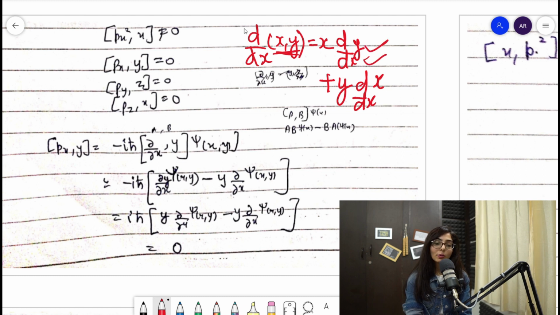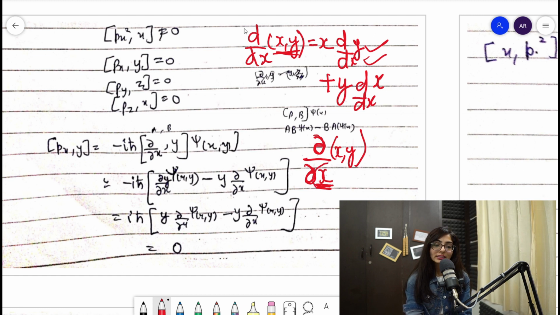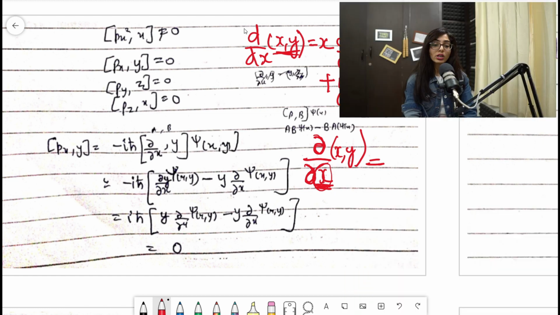But in partial differentiation, which you represent by del by del x of (x, y), whatever is in the denominator, you will only differentiate that. So now x is in the denominator, so you will only differentiate x and treat everything else as constant. So just take y outside and differentiate x only, that is d by dx of x, which is 1, and the result will be y.